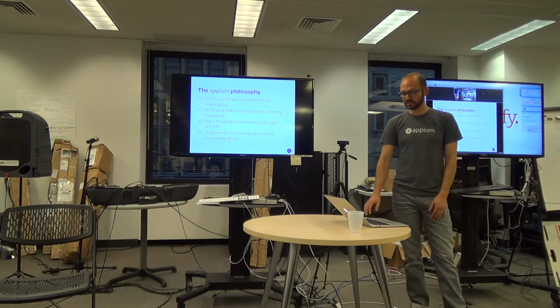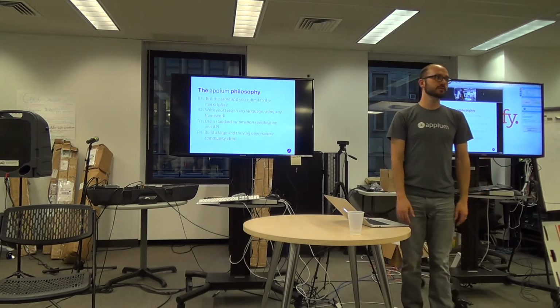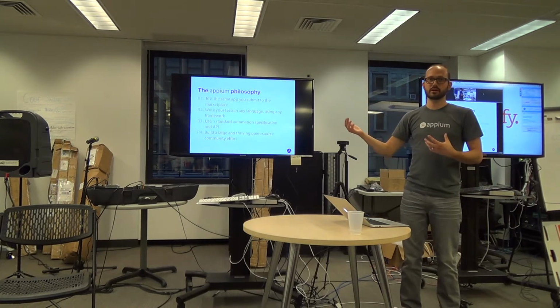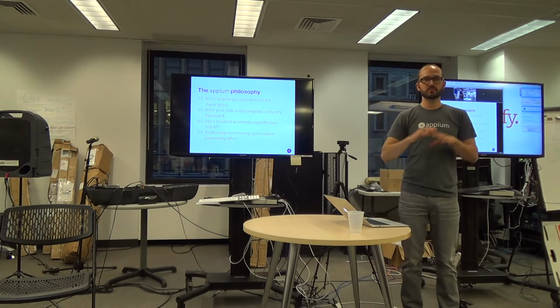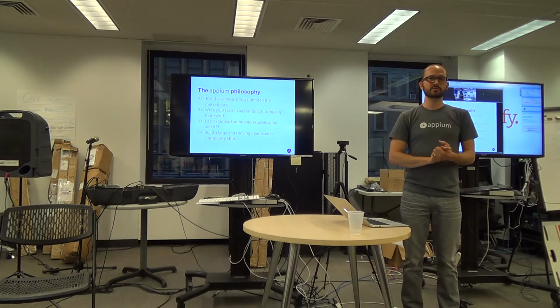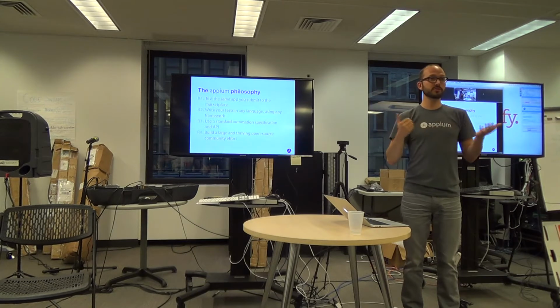And my favorite is that we felt strongly that this should be an open source community effort. I've been leading the project and I do work for Sauce Labs, but all the code that has been written is totally out there in the open. There's no license whatsoever attaching it to Sauce Labs. And we've attracted a large number of diverse contributors who have nothing to do with Sauce Labs and who are interested in Appium for its own sake.